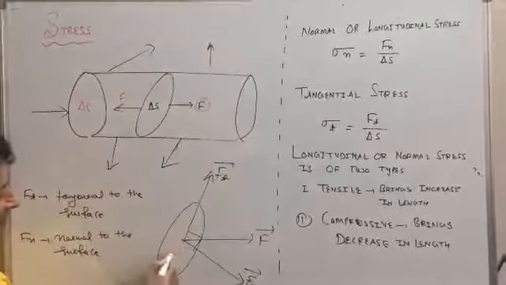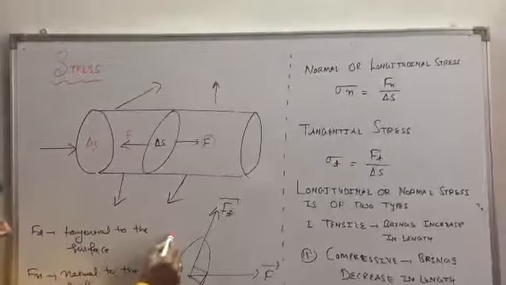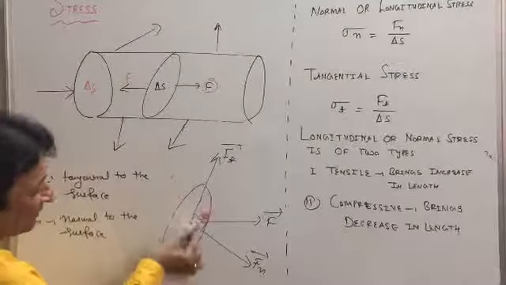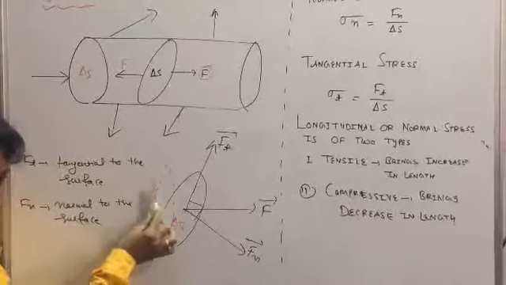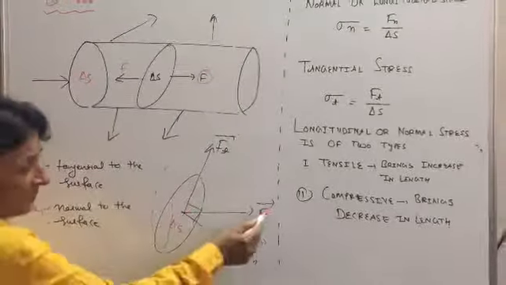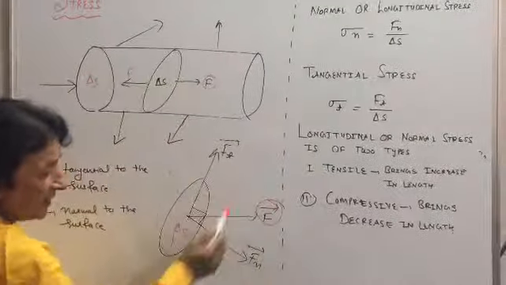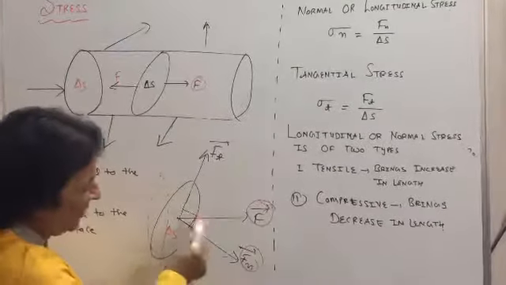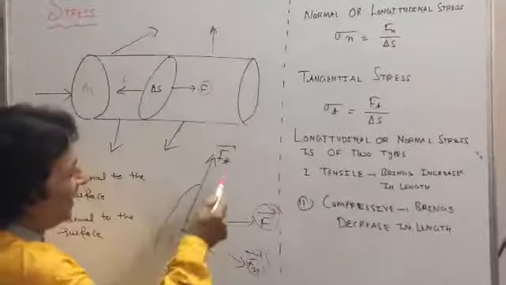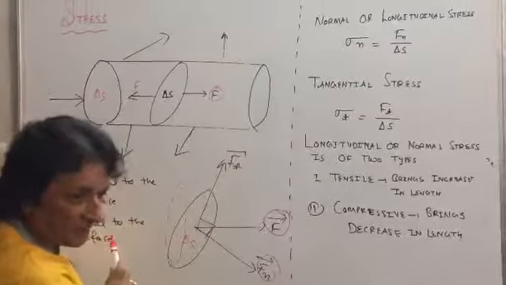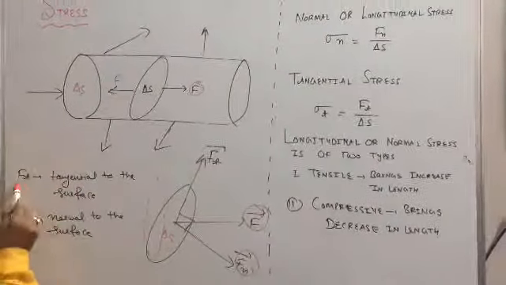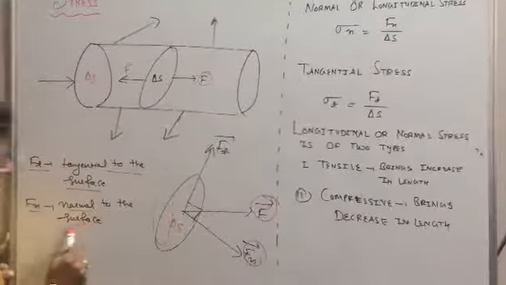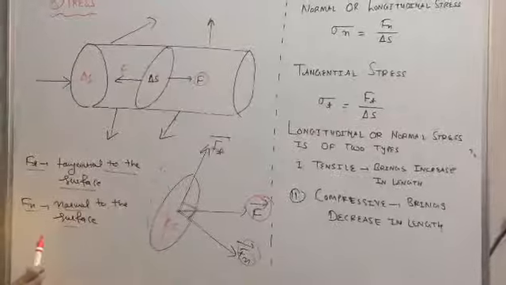This delta S, which was originally like this, is deformed by the force F. This can be resolved into two components. One is the normal component and the other is the tangential component. Ft is tangential to the surface and Fn is normal to the surface.